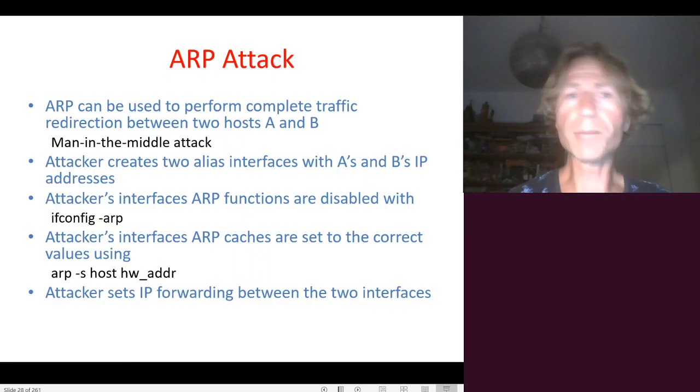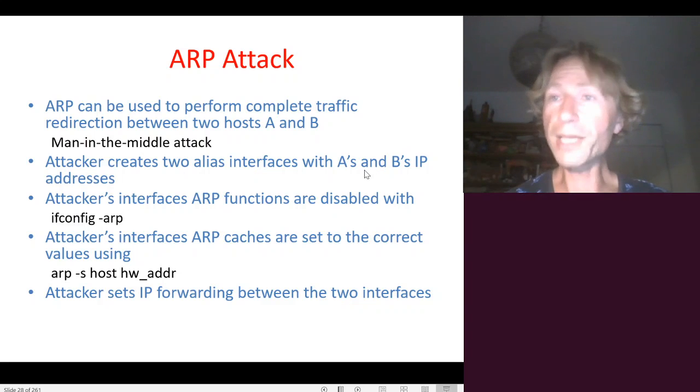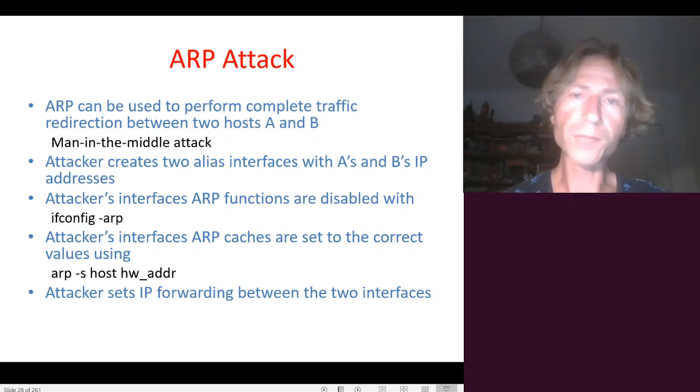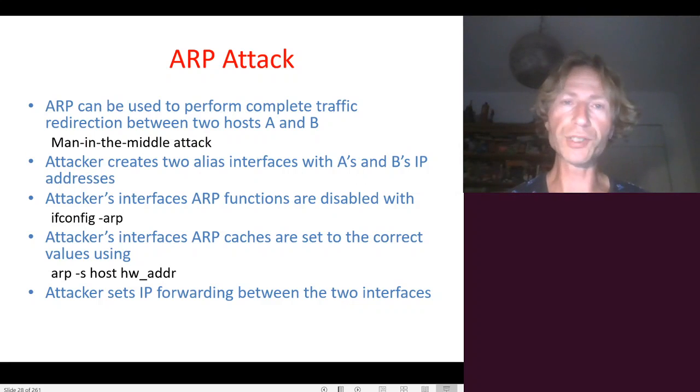So we can do this in many different ways, and we can use this for many different purposes. So we can use it to do a complete traffic redirection with a man-in-the-middle attack, in other words, by creating two interfaces with the IP addresses of A and B on the attacker's machine.